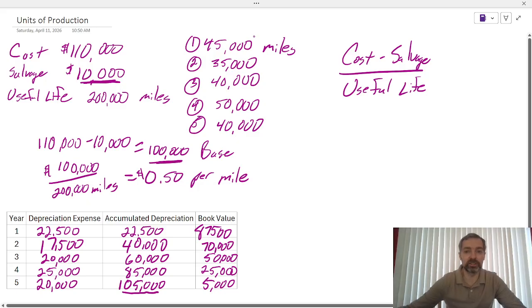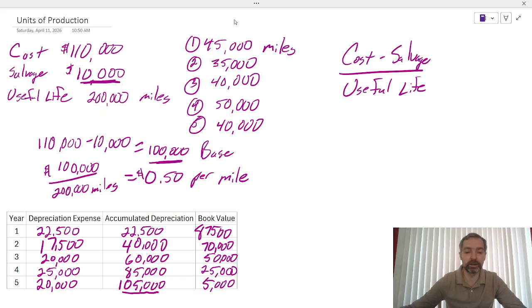So for this last year, I have to be careful that I do not go over the allowed amount of depreciation. So often this happens with vehicles or things like we think it will last us 200,000 miles and we get a little bit of extra out of it.